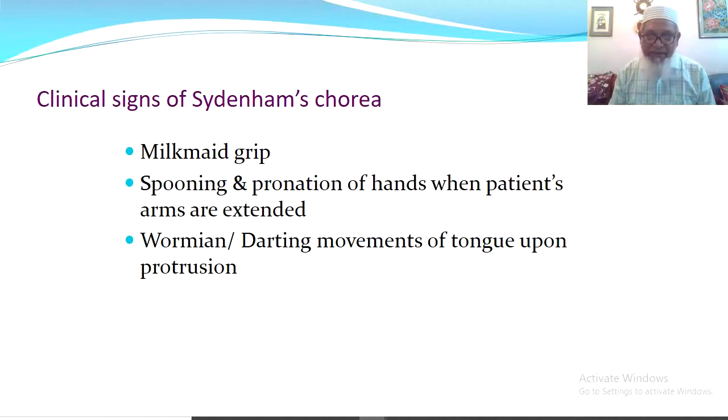There is also a wormian or darting movement of the tongue upon protrusion. When you ask the patient to protrude his tongue, he will not be able to keep it protruded steadily. This type of movement is called darting movement, and it is the movement of the tongue of a snake.